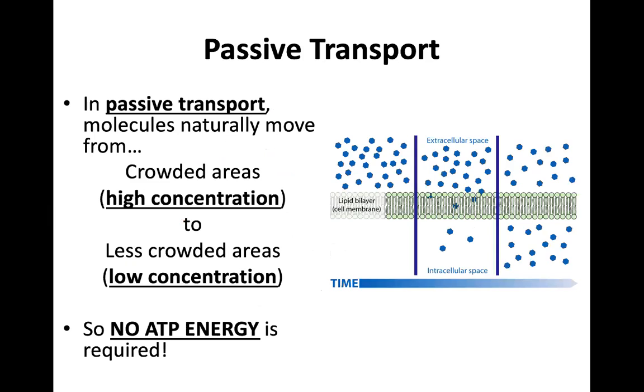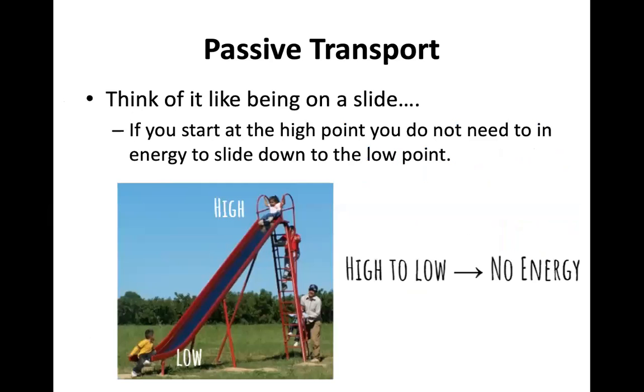So, passive transport. This is exactly what you need to know. It goes from areas of high concentration to areas of low concentration because it eventually wants to reach equilibrium, okay, because it wants to be balanced. So, it does this without using energy, okay?